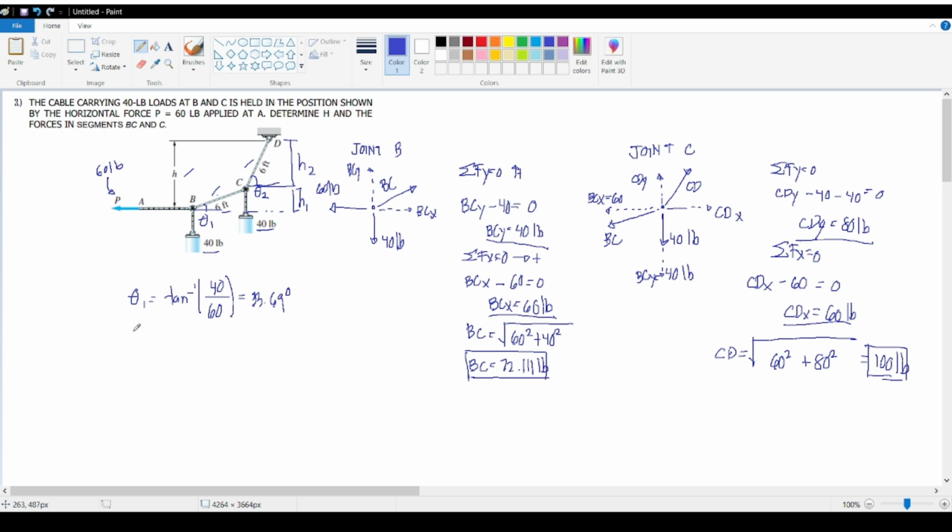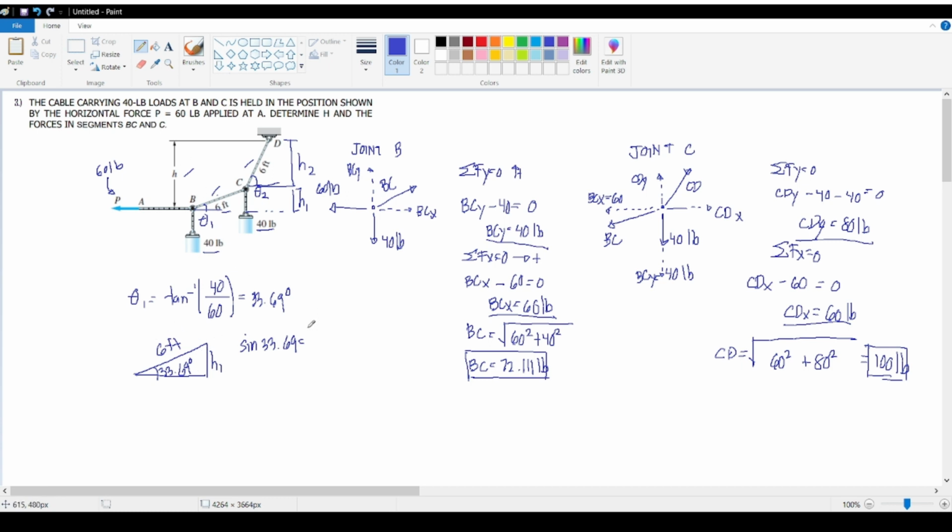With that, we can solve for h1, since if we analyze this triangle being formed here, if this is 6 feet and we have an angle of 33.69 here, and this is h1, according to the trigonometric properties, the sine of 33.69 should be equal to the opposite side over the hypotenuse.